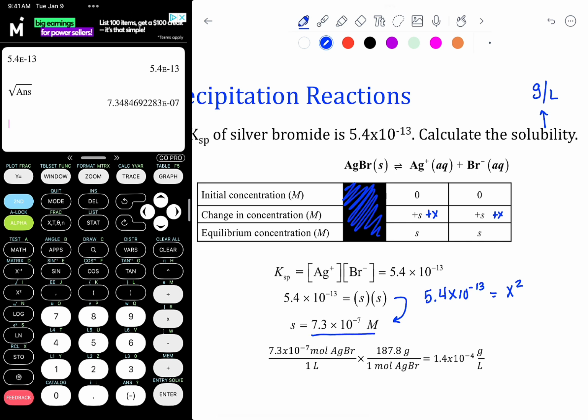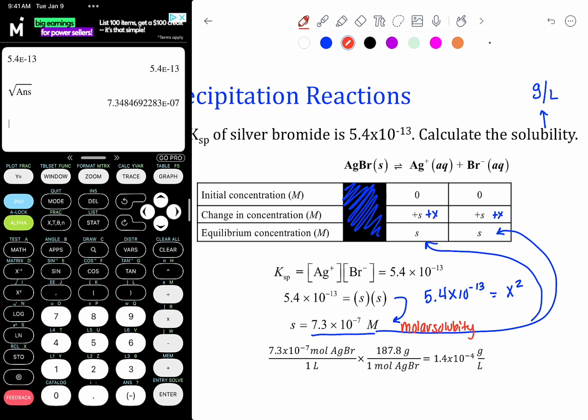So that is the concentration, the molar solubility, for both Ag plus and Br minus. That molar solubility is also that of AgBr, silver bromide itself.